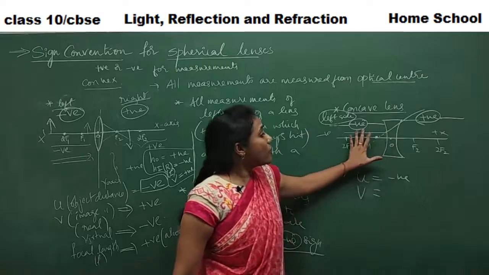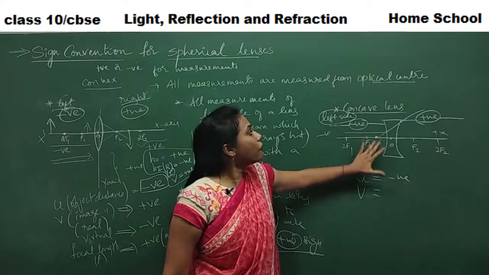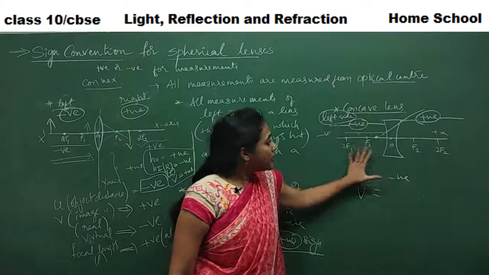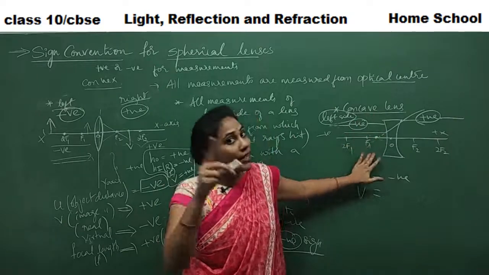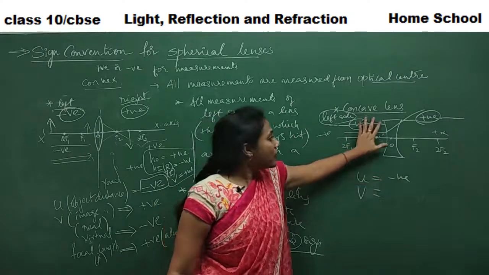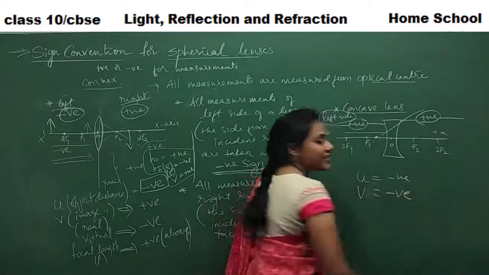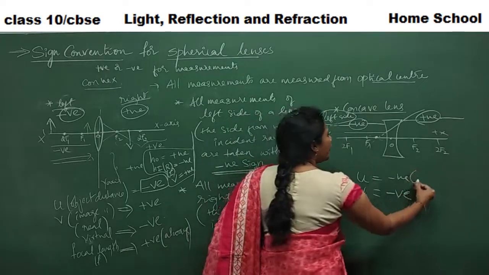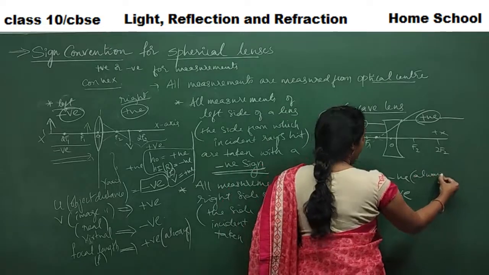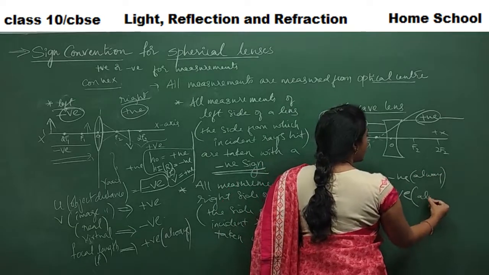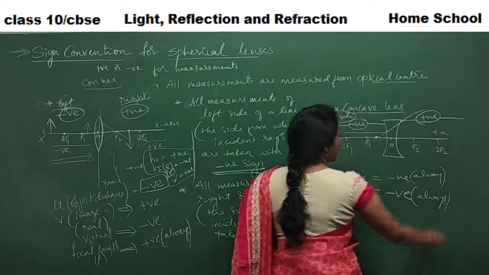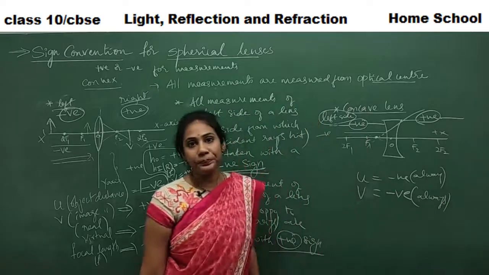Images are always virtual images in the case of a concave lens. Images are always formed this side, if you can remember the ray diagrams. So this side in the sense, v is also always negative. u is always negative here, and v is also always negative, guys. So these points are very important to remember.